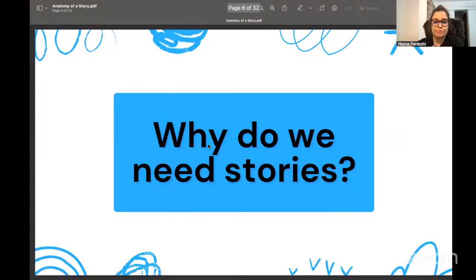Now, I'll give you one example that is going to make this entire concept of story very clear in your head. It is a very popular book, Sapiens by Yuval Noah Harari. It is essentially a history book, right?